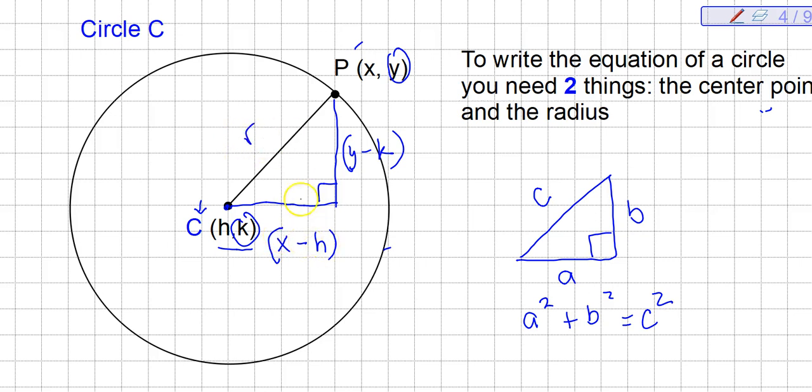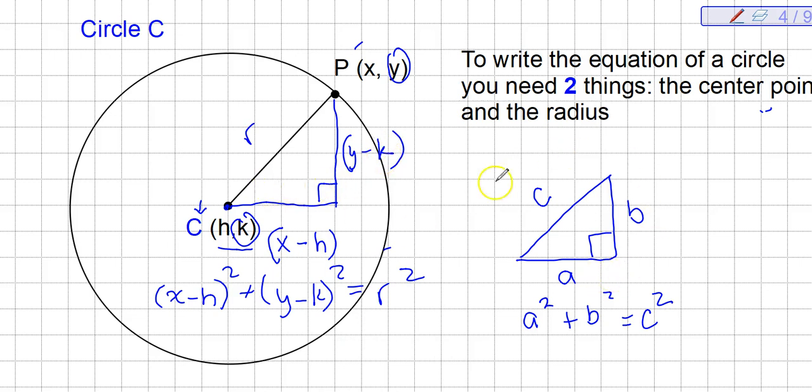Okay, and this is what I call my radius. Do you agree? Yes? So this is the distance x minus h. This is the distance y minus k, and this is the distance radius. Could I consider this the Pythagorean theorem? Could I say x minus h quantity squared plus y minus k quantity squared equals radius squared?